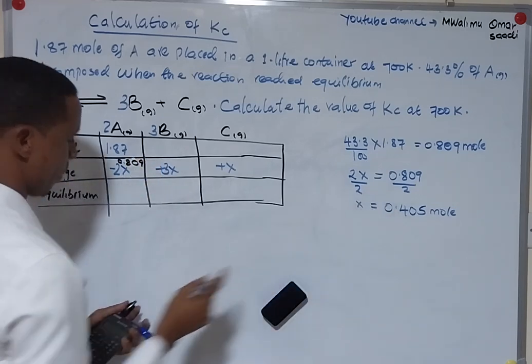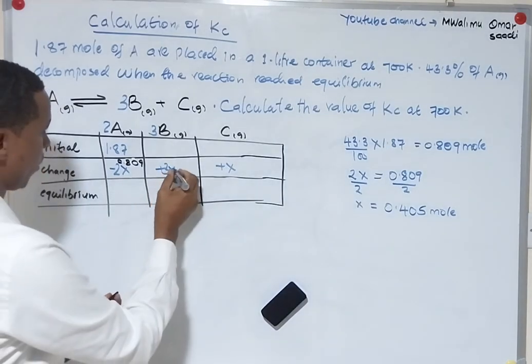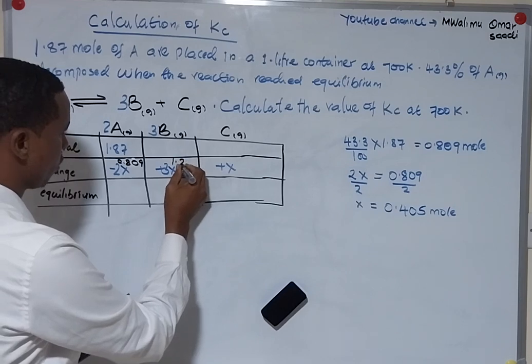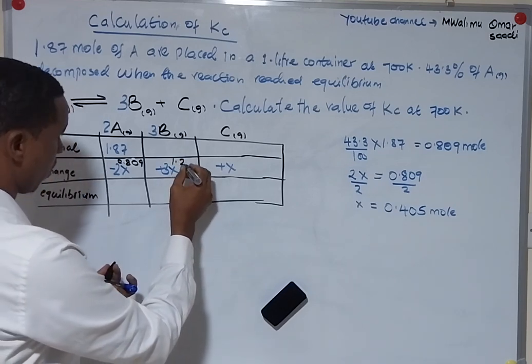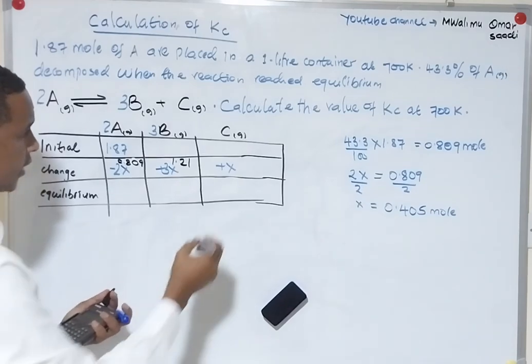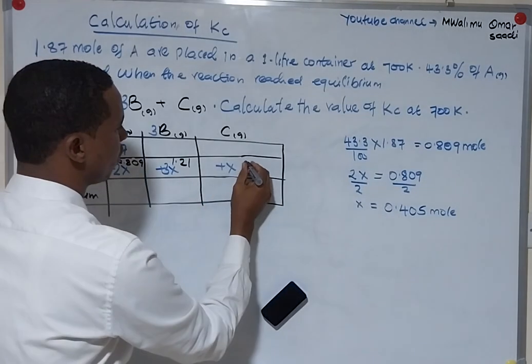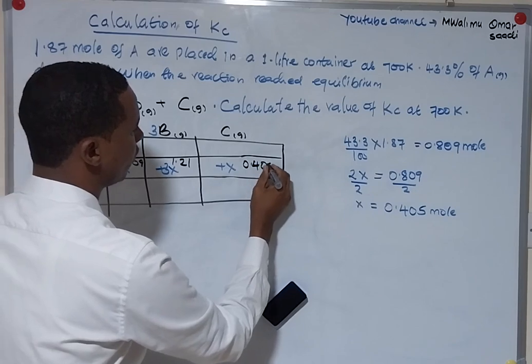X times 3 will be 1.21, and X alone will be 0.405.